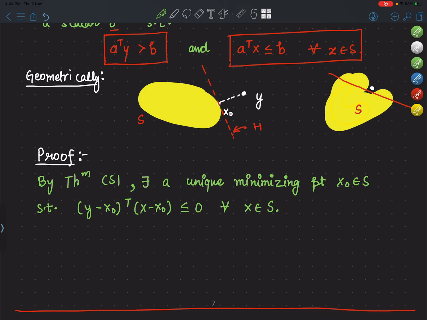So what we'll do is assume, let A equal y minus x naught and B equal A transpose x naught. Let us assume this. So what do we get? We get A transpose x is less than or equal to B.